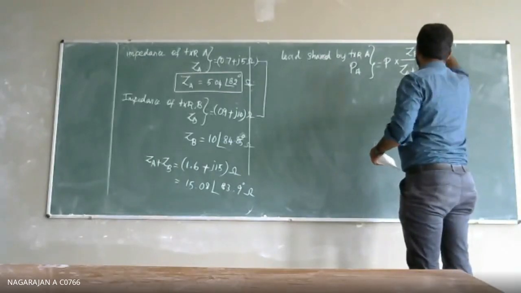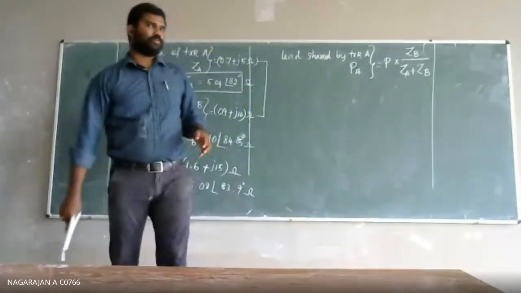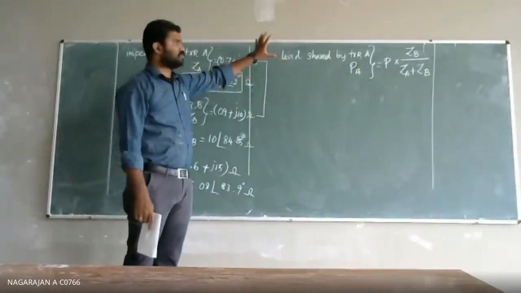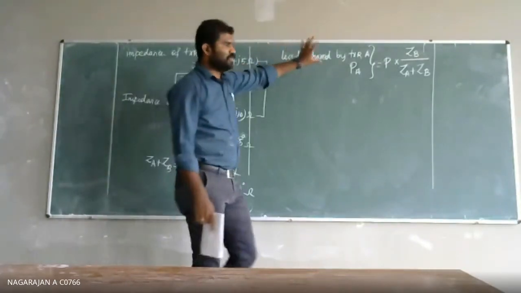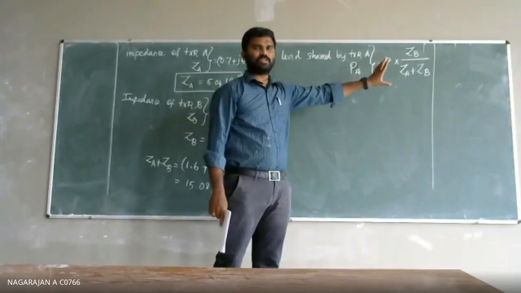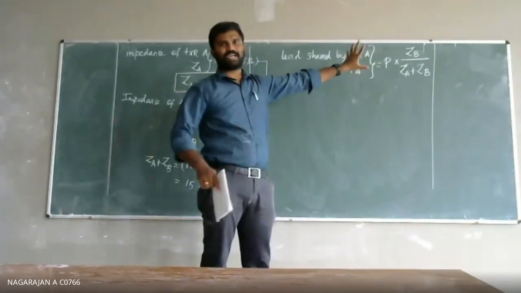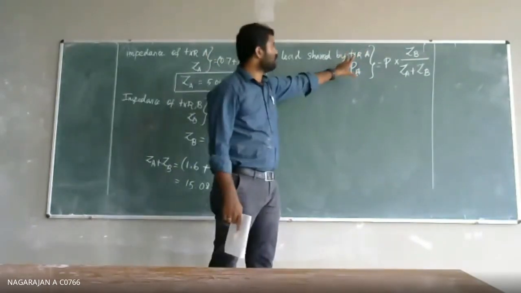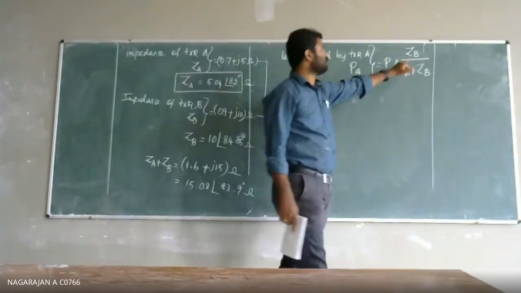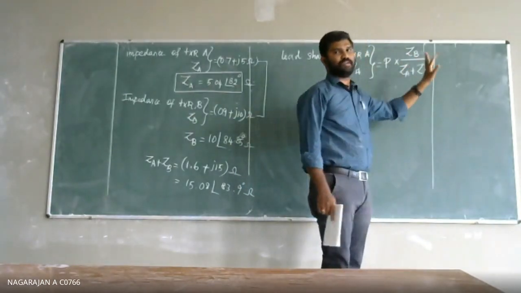Do you remember this equation? We derived this while talking about parallel operation of transformers. Now we are looking at only transformer A. So the power shared by transformer A is P into ZB divided by the total impedance.